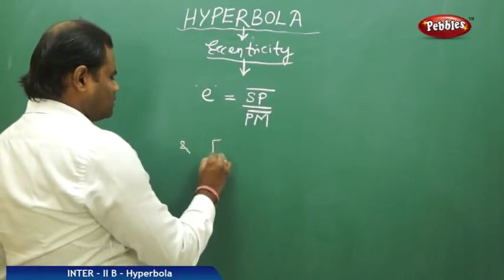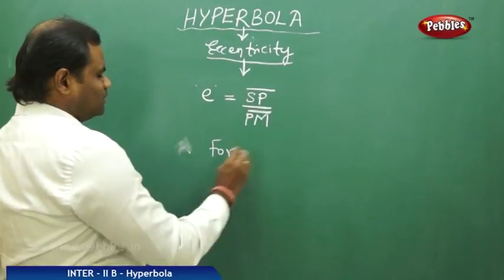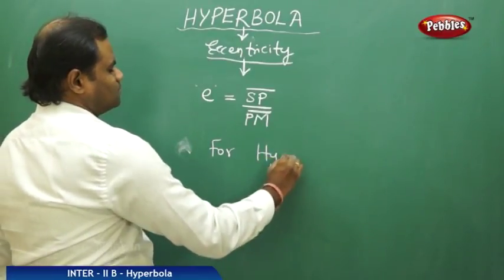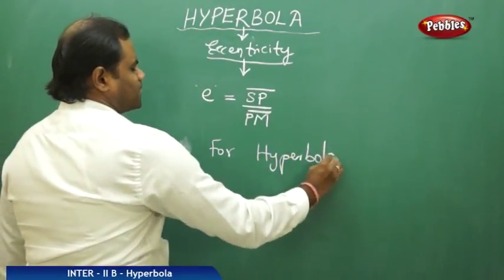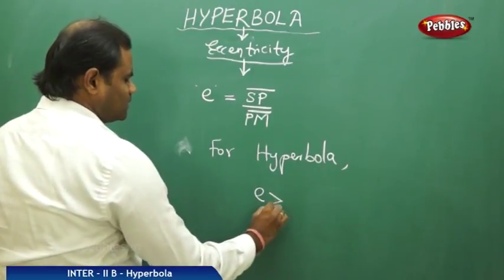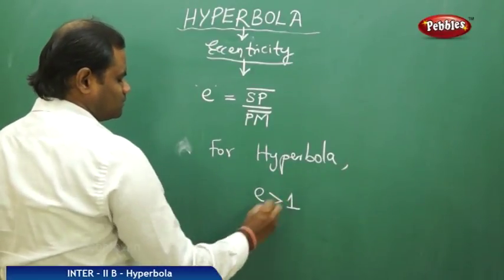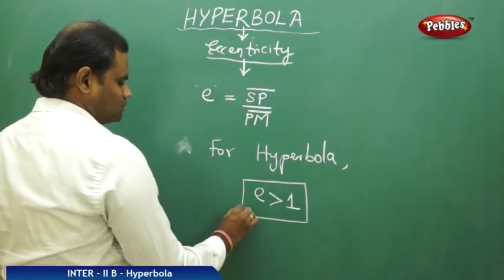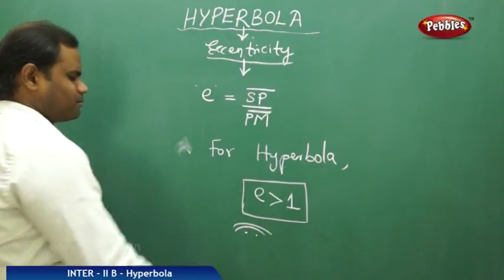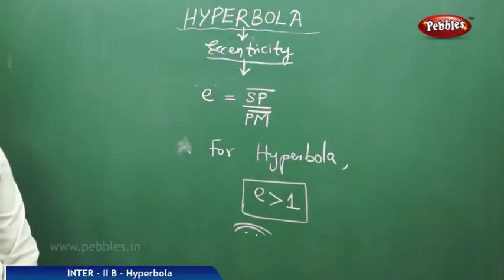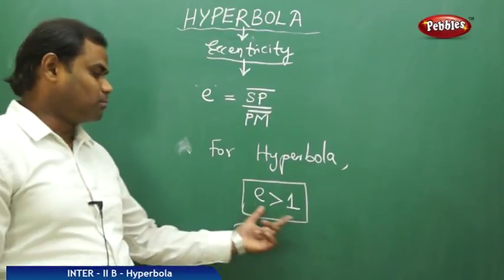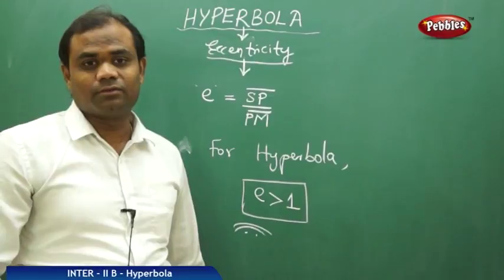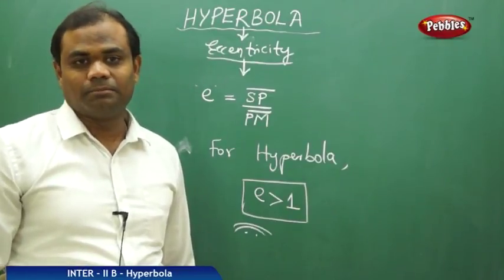And for a hyperbola, the condition is that e is greater than 1. E is greater than 1 for a hyperbola.